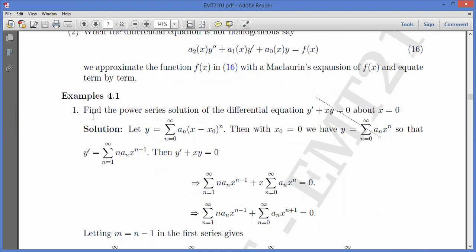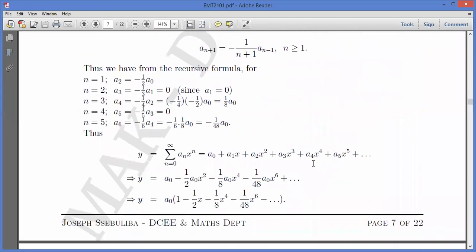So here we want to find the power series solution of the differential equation. You solve for this in y, but remember it is dy/dx. So definitely your independent variable is x and the dependent is y. That's why we have y equal to this in terms of x.